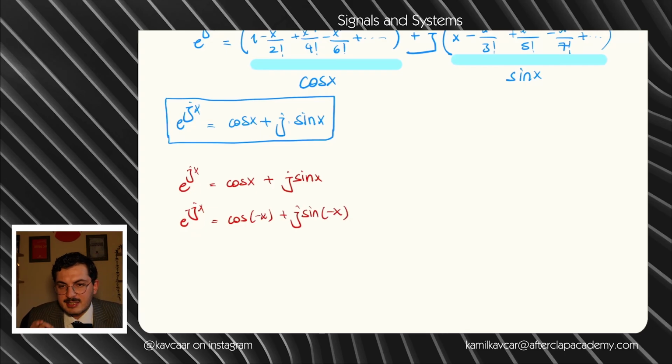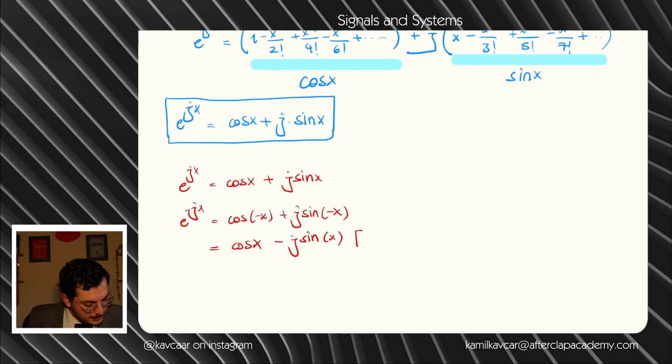We know for a fact cosine is an even function, so cosine x and cosine minus x are the same thing. Therefore, we're going to have cosine x. However, sine minus x is not the same thing as sine x. Therefore, we need to take that minus sign in the sine to the outside of the parentheses, because it's an odd function. Therefore, we're going to have something like this, which is pretty cool, by the way.